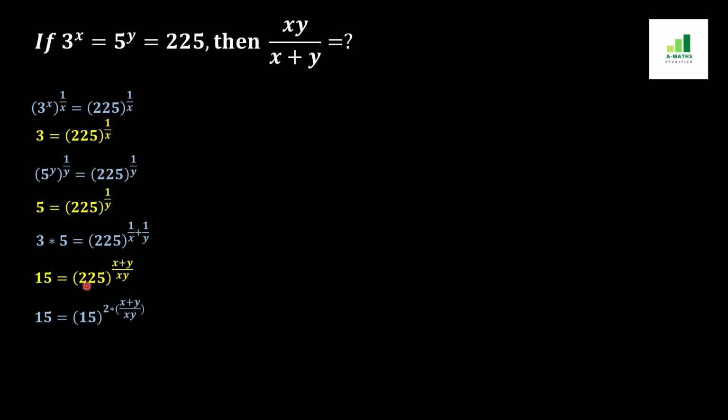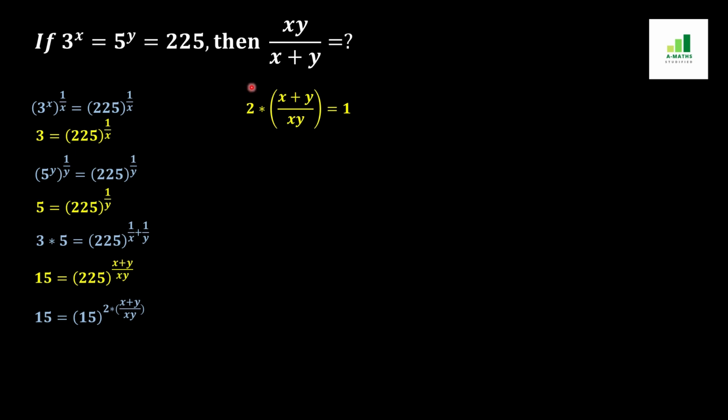So we will write this 225 as 15 squared, and this x plus y over xy is the same as before. Now we know from the basic rule of algebra, if the bases are equal then their powers are also equal. So here we apply this rule and we will get 2 equal to x plus y over xy.